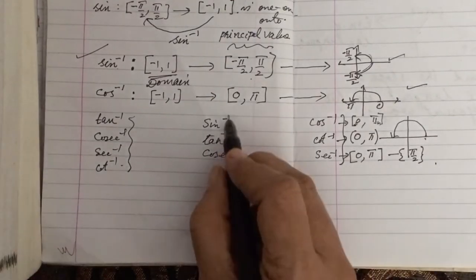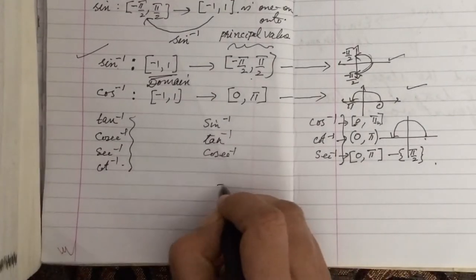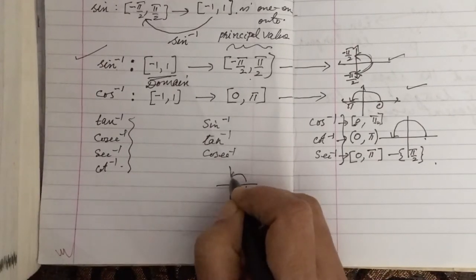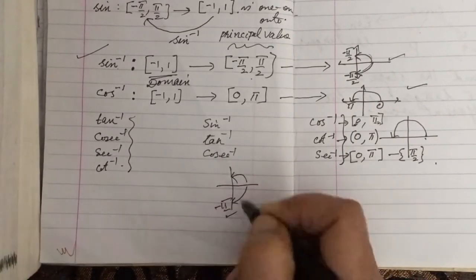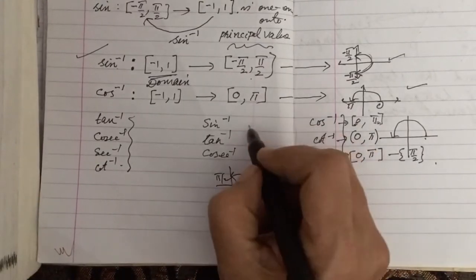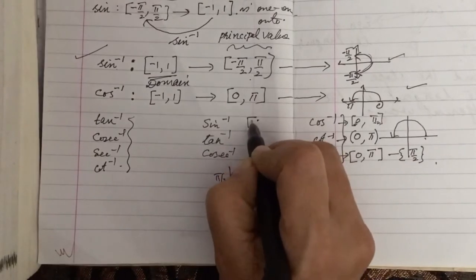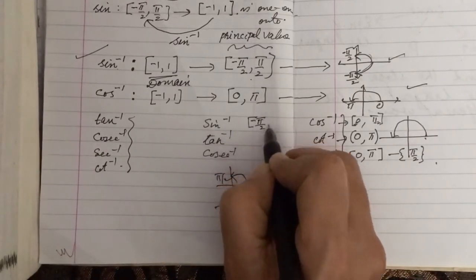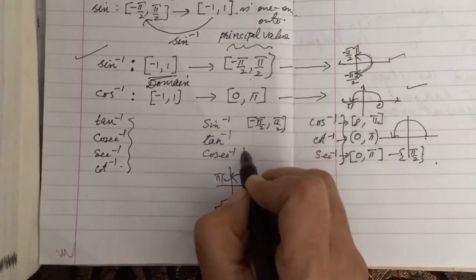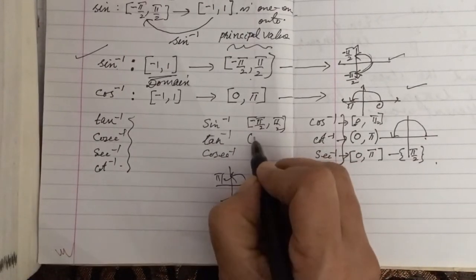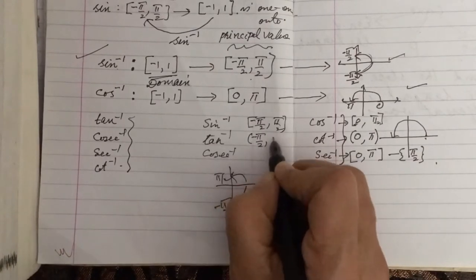Similarly for sine inverse, the basic angle we consider is from minus pi by 2 to plus pi by 2. So the principal value of sine inverse is the closed interval minus pi by 2 to plus pi by 2. And for tan inverse, the endpoints will be removed. That means it is open interval minus pi by 2, pi by 2.